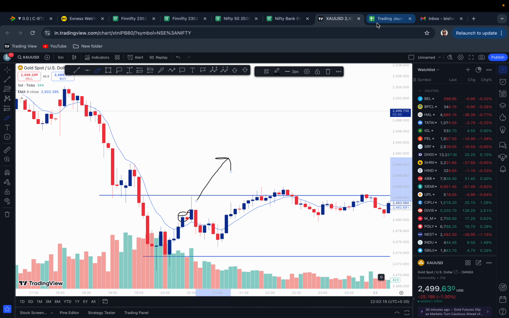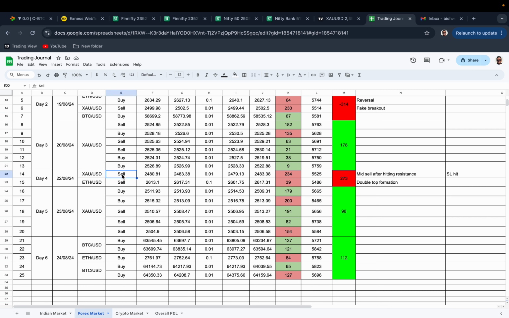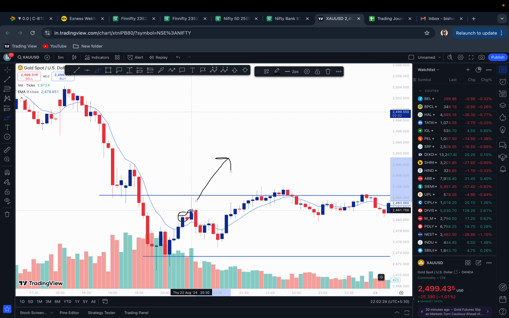But what happened? I took the trade on the sell side at 2480. Here I took the trade at 2480.